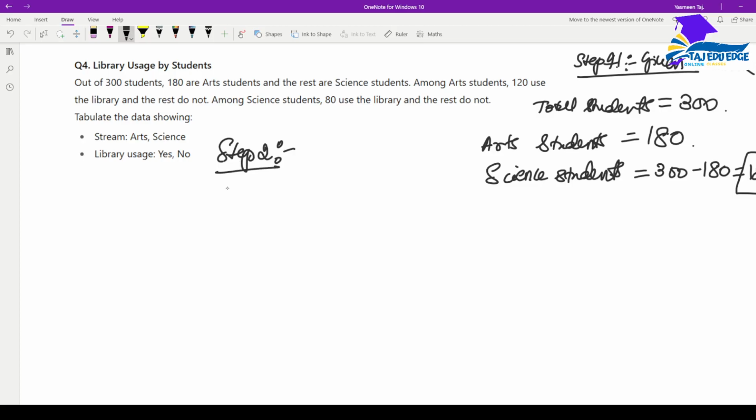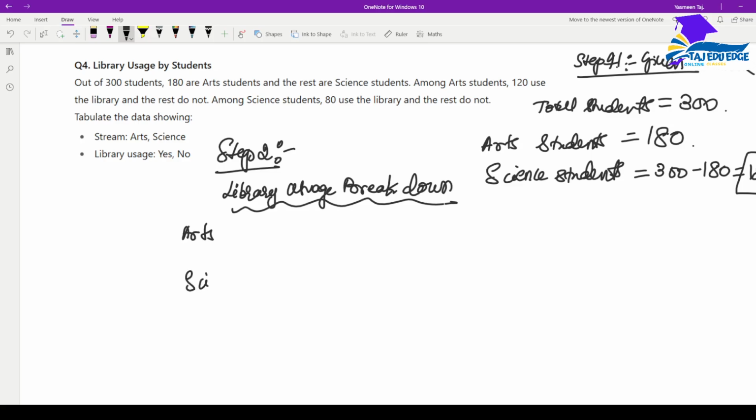Okay, library usage breakdown. In that we need to see arts and science. In that, how many library users are there?